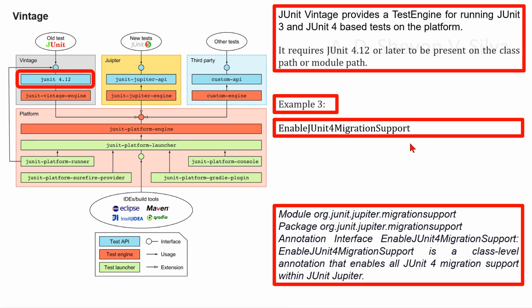Now we are considering the annotation interface EnableJUnit4MigrationSupport in package org.junit.jupiter.migrationsupport, in module org.junit.jupiter.migrationsupport. EnableJUnit4MigrationSupport is a class level annotation that enables all JUnit 4 migration support within JUnit Jupiter.